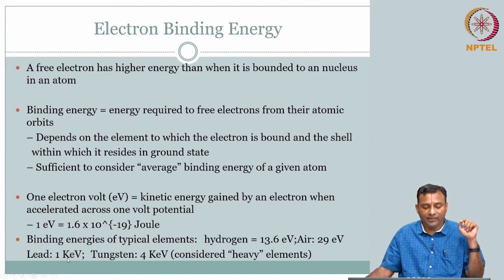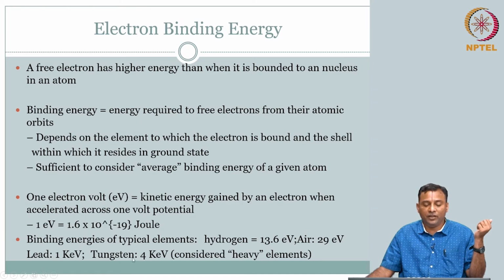Supplying 13.6 or 15 electron volt is nothing for lead and tungsten, which are in the kilo electron volt range. So nothing will happen if I supply 14 electron volt or 20 or 100 electron volts to lead. You are not going to be able to free the electrons, whereas hydrogen requires a very small quantity.